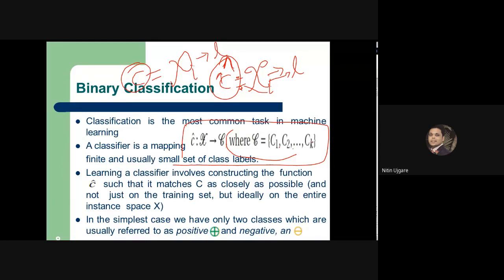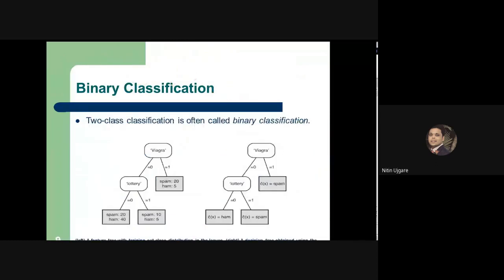In binary classification, the output variable, that is y, always takes 2 values or 2 classes. So let's try to understand this binary classification using a simple example.